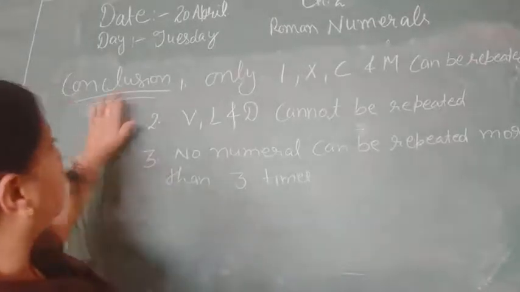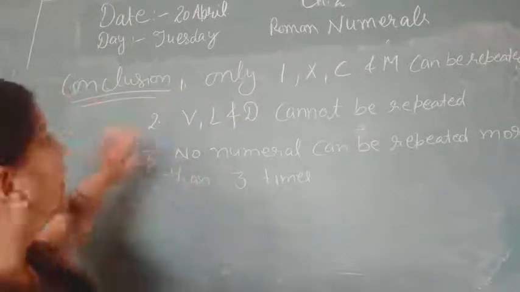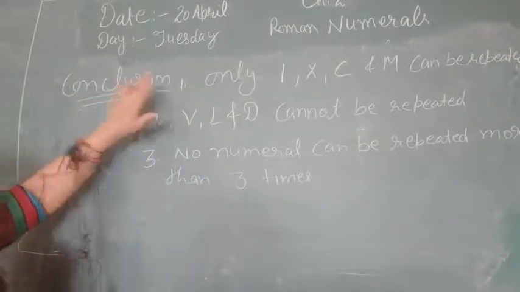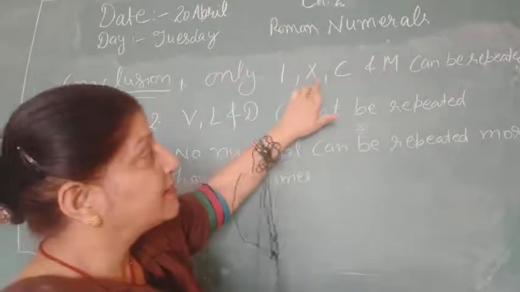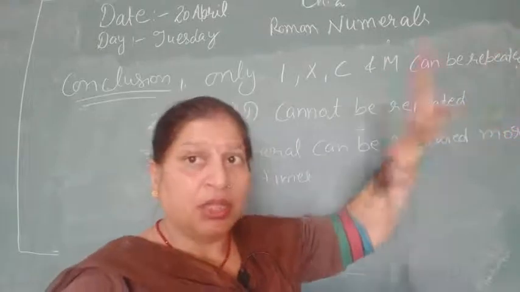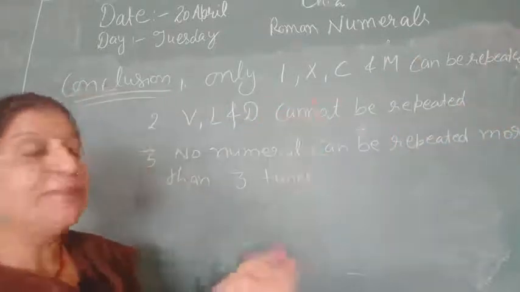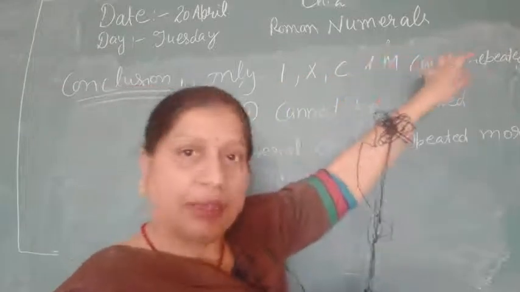Now we take the conclusion of these rules and we conclude that we learn only I, X, C and M can be repeated. Of all these 7 symbols, only these 4 symbols can be repeated.